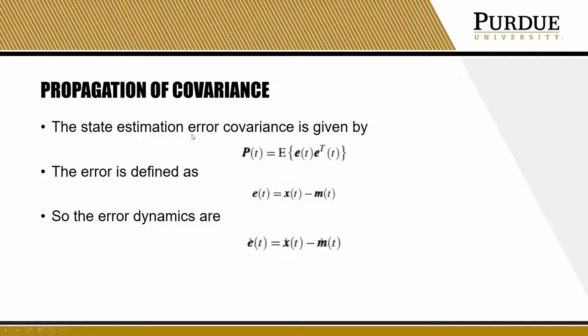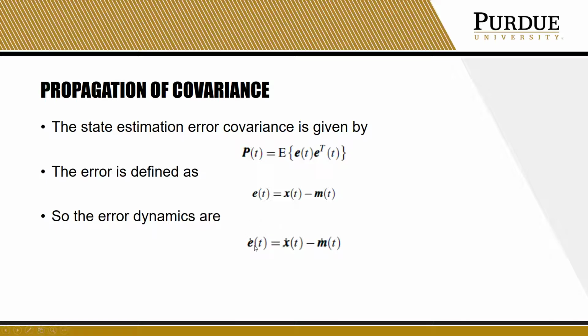Now, the state estimation error covariance, P, that we're going to be propagating is equal to the expectation of the error times an error transpose. We're going to define this error as the state minus m, the mean, which is simply the expectation of the state at that time. So the error dynamics, e dot, are equal to x dot minus m dot.